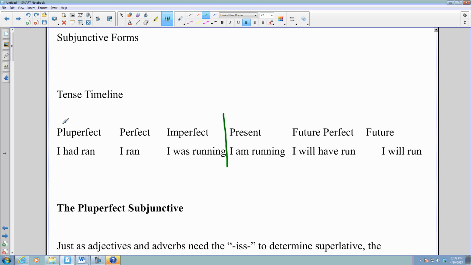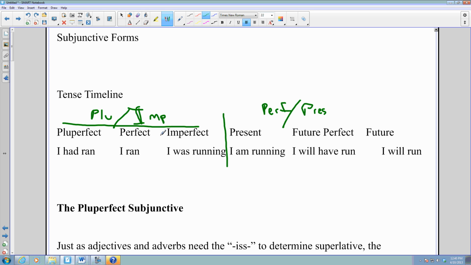All of these guys over here, the pluperfect, perfect, and imperfect indicatives, will take the pluperfect or the imperfect subjunctive. These guys over here are going to take the perfect or present subjunctives. Based on this, same time and after is what we're dealing with.